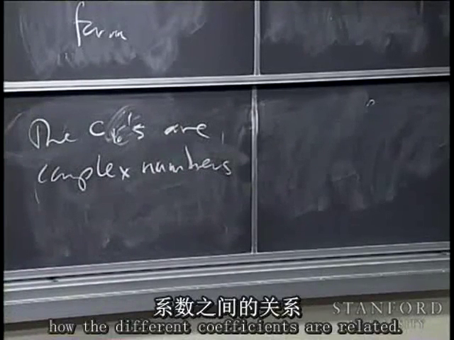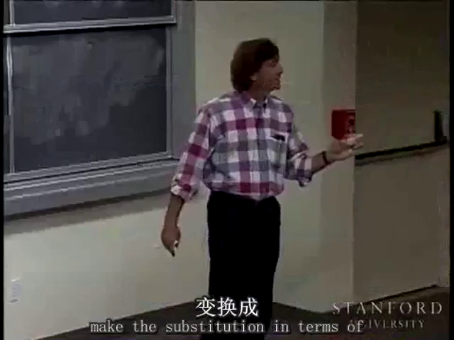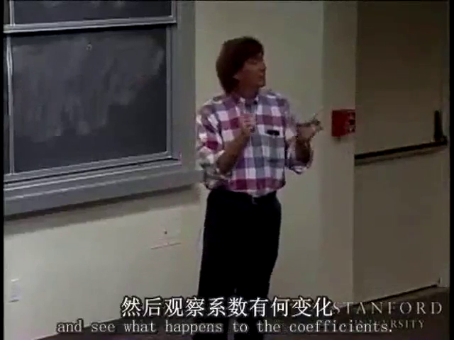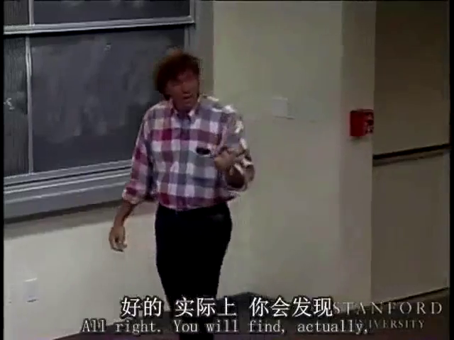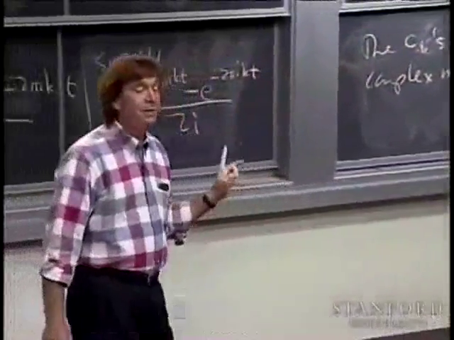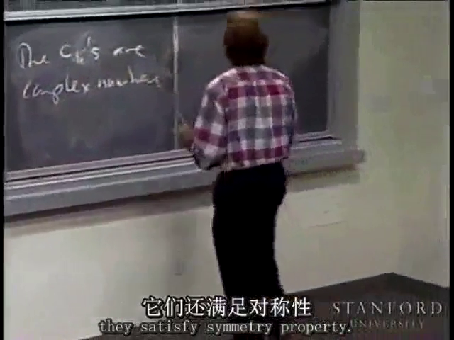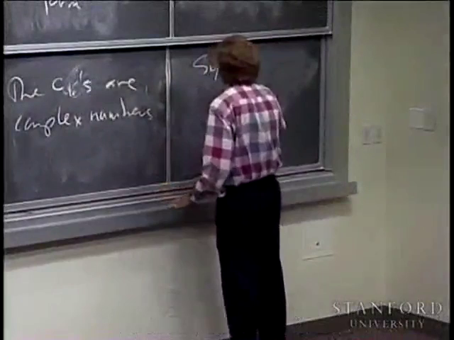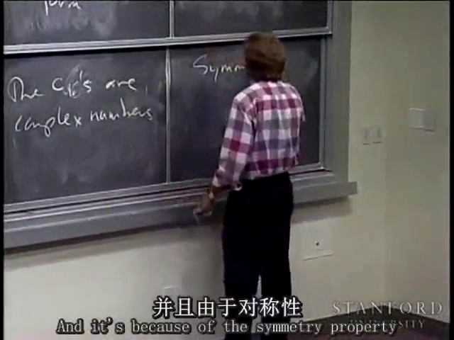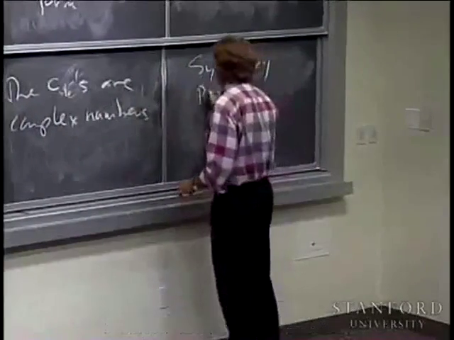You can see how the different coefficients are related. So start with the expression in terms of sines and cosines, make the substitution in terms of the complex exponential, and see what happens to the coefficients. All right? You will find a very important symmetry property. These are complex numbers, but they're not just arbitrary complex numbers. They satisfy a symmetry property, and it's because of the symmetry property that the total sum is real. All right? The symmetry property.